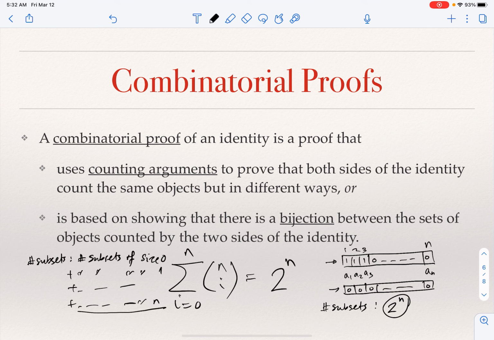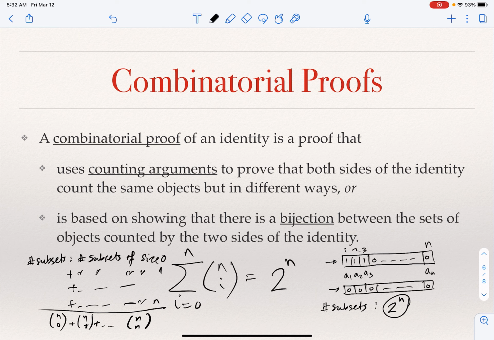Well, the number of subsets of size 0 is the number of combinations, n choose 0. The number of subsets of size 1 is n choose 1, and so on. So doing this, I have actually shown the same counting problem, which is that I want to count the number of subsets of a set of size n.